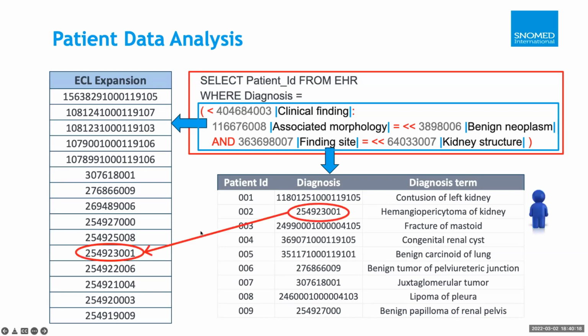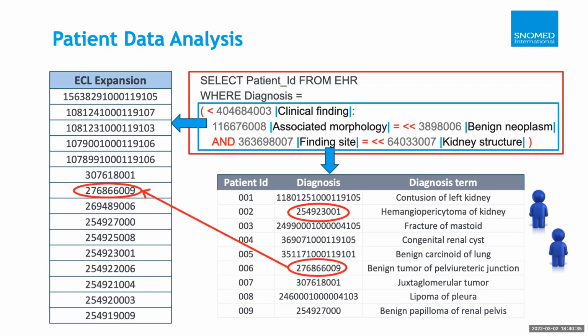I can already warn you that I'm going to say something with a very bad pronunciation, because here you can see that patient number 2 has a hemangiopericytoma of kidney. And patient number 6 also matches. It has a benign tumor of pelvic ureteric junction.